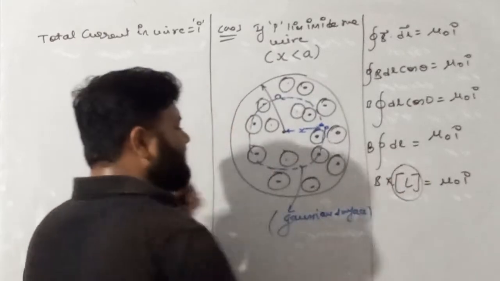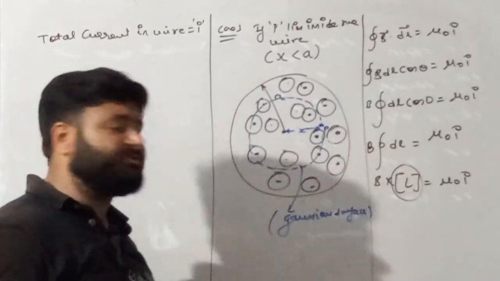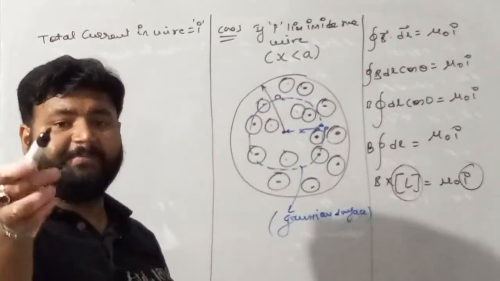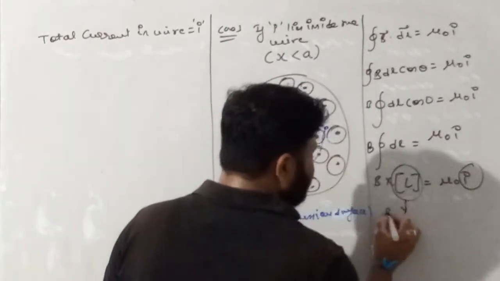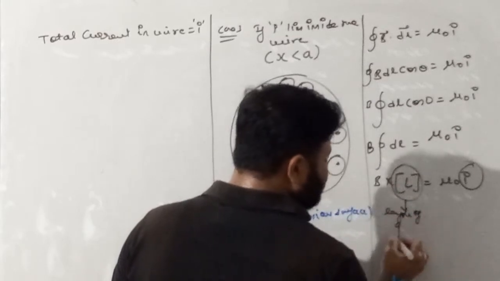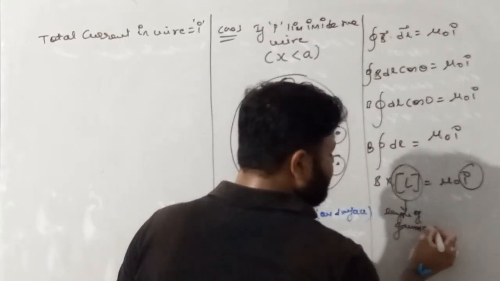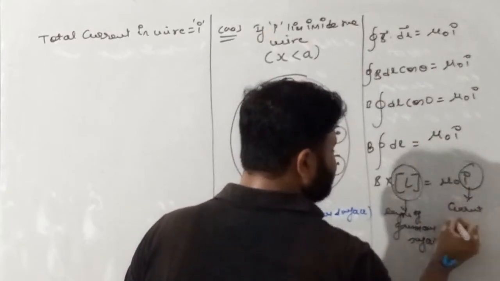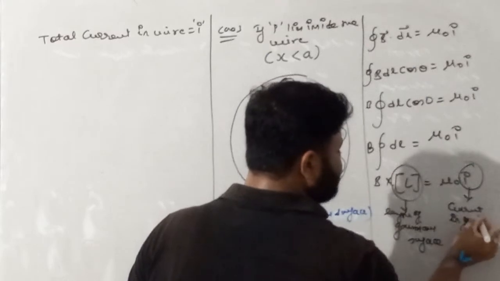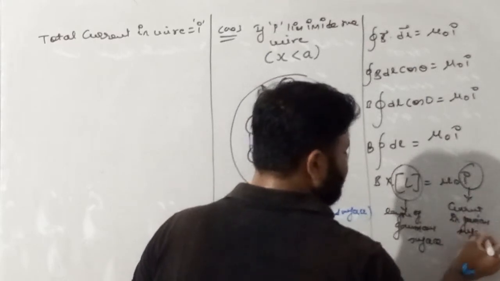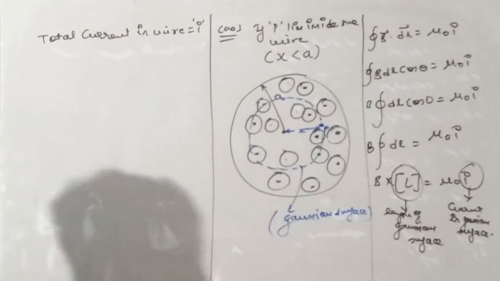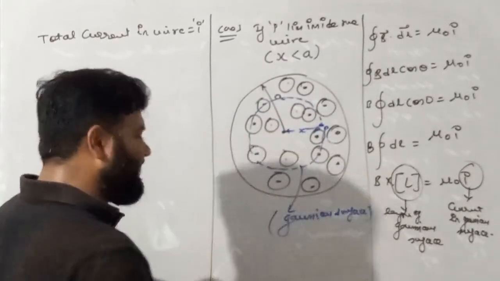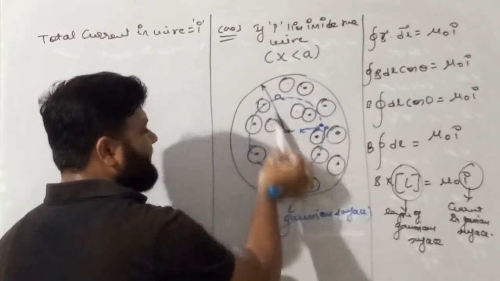So here, my dear student, L is the length of the Gaussian surface and this I is the current in the Gaussian surface. Here the total current is flowing in a wire of radius A, but the Gaussian surface is smaller than the wire's radius.